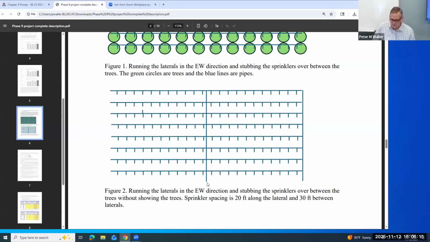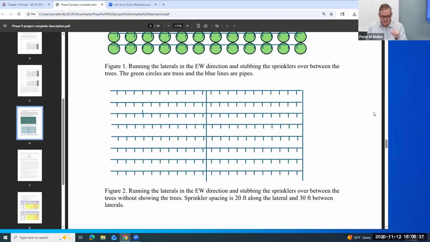So that would be one of your 10 zones. Here's your valve, and then your main line would be going along at the beginning of the submain. Or maybe you'd have to bring your submain back to here where the main line is. That's another thing where it's just making it work.